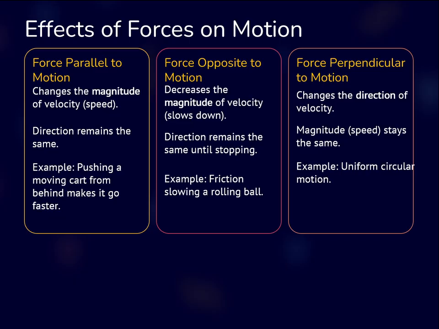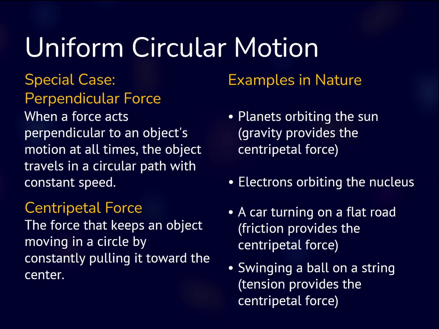So, depending on how a force is applied, meaning whether it's in line with your motion, against your motion, or at a right angle to your motion, it will either change your speed, your direction, or both. This is why understanding vectors is so crucial. Motion isn't just about how fast you go, it's about how forces and directions interact to shape that motion.